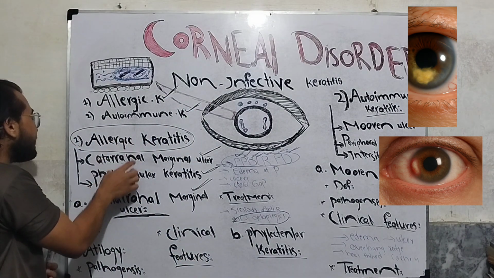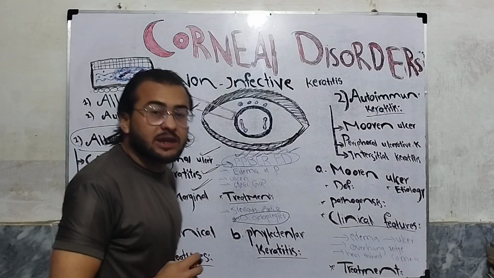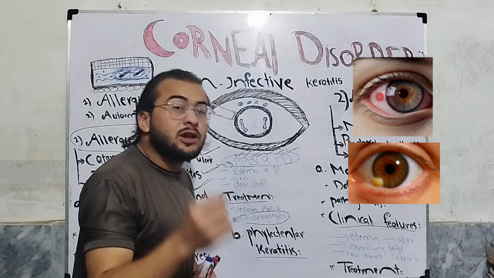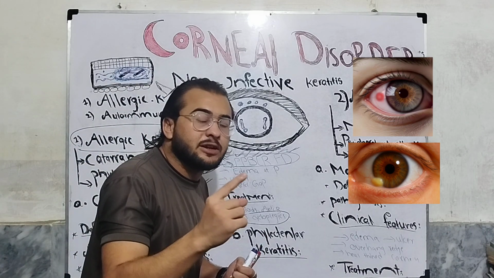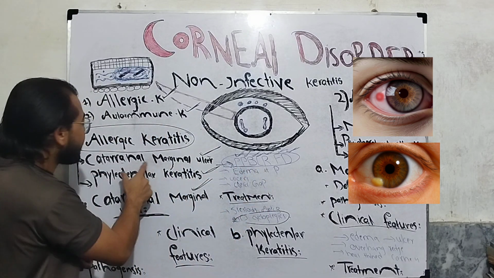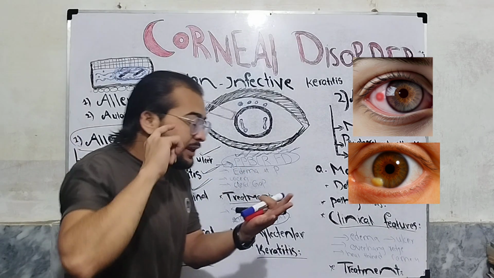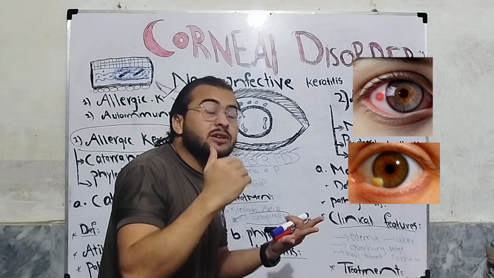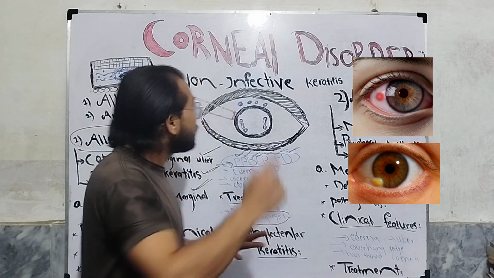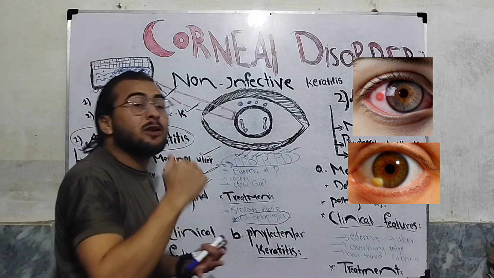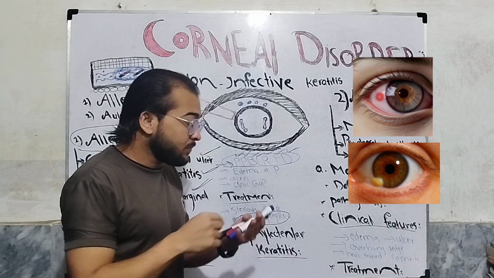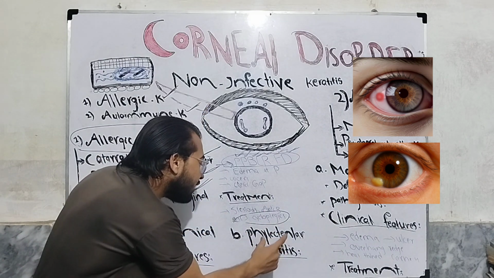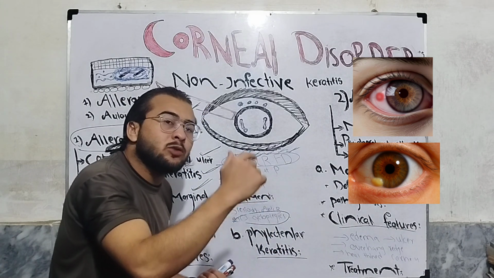Now the second allergic keratitis is phlyctenular keratitis. Phlyctenular keratitis is also a hypersensitivity reaction like the catarrhal marginal ulcer, but it is characterized by a localized nodule formation due to hypersensitivity reaction to the same antigen, the staphylococcal exotoxin.